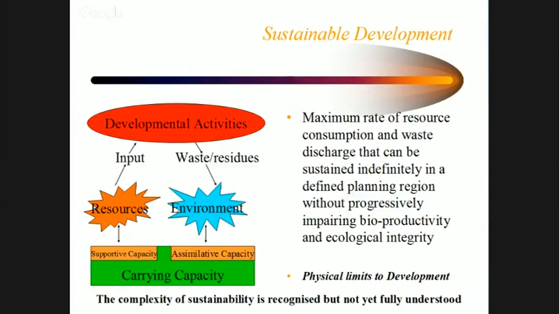And the capability of the natural environment in assimilating the waste or the residues created out of that particular developmental activity is its assimilative capacity. Putting these two capacities together defines the carrying capacity, or the sustainable development capability, of that natural environment.